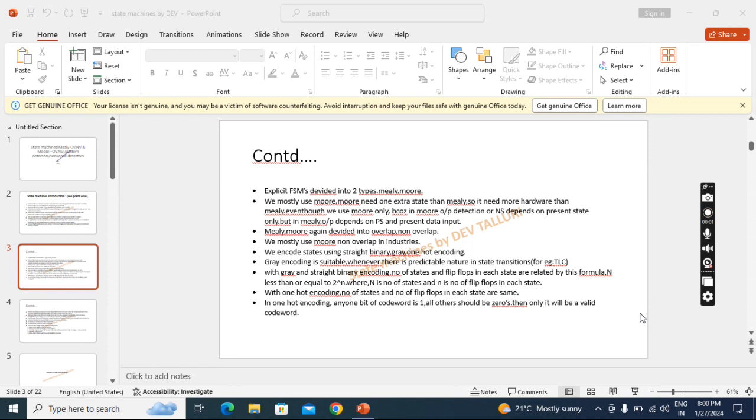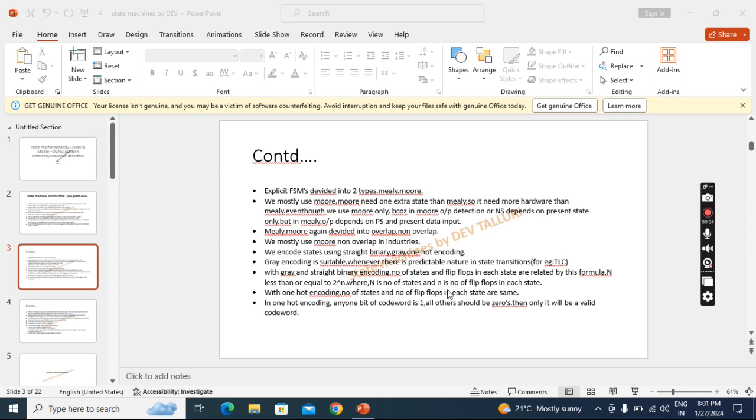If we want to calculate the number of bits or flip-flops in each state with gray or straight binary encoding, this is the relation: N less than or equal to 2 power n. Here capital N is the number of states, and small n is the number of bits or number of flip-flops in each state.